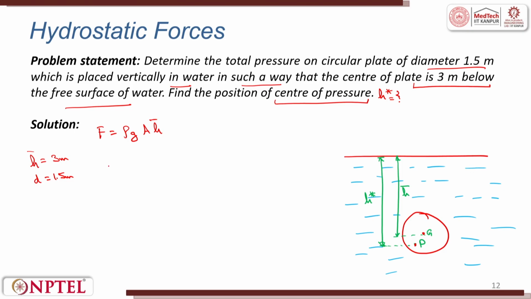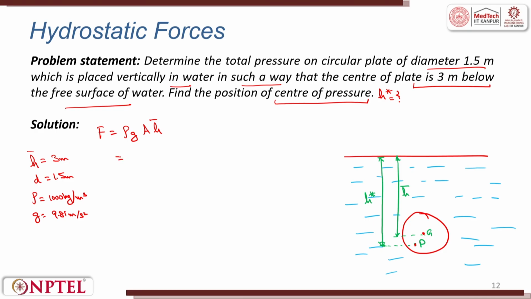Now to calculate F, I will put the value of rho, that is density of water, as 1000 kilogram per meter cube, and G is always 9.81 meters per second square.